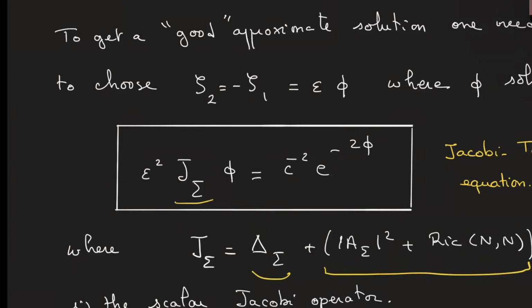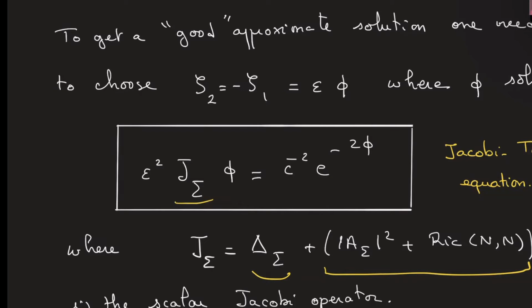One term is the square of the second fundamental form of your minimal hypersurface sigma. And the other one is the Ricci curvature of the ambient manifold M applied twice to the normal vector field along sigma.